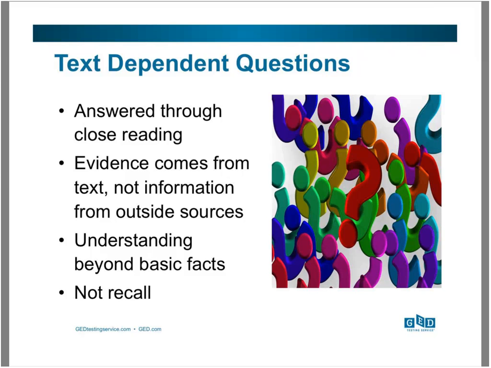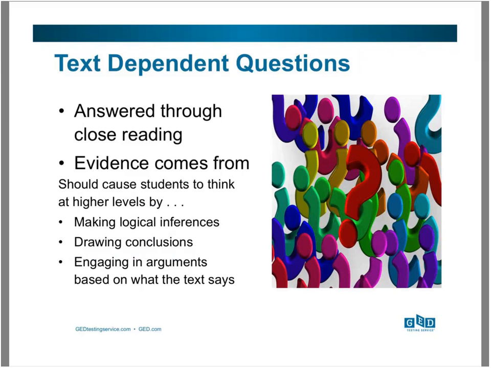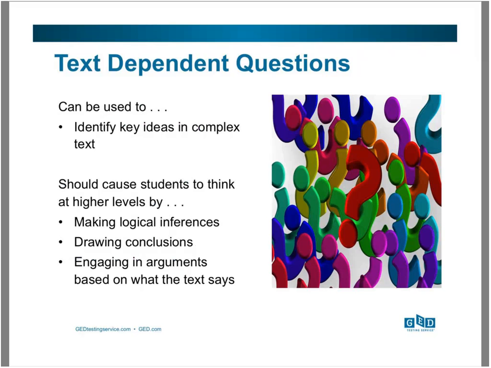As we're looking at these text-dependent questions, remember, as Bonnie said, we've got to come back to the source itself. What is the source that they're having to follow and read from? We've got to make sure that students are doing more than just recall, and that students can identify key ideas.